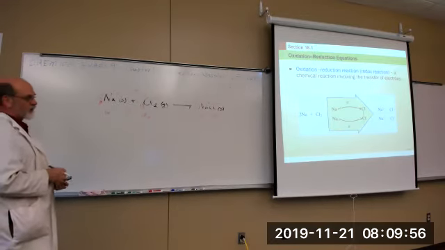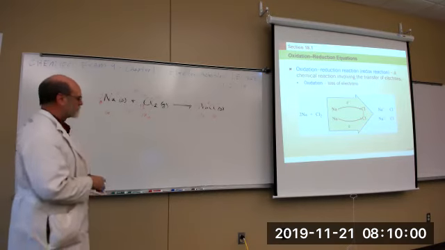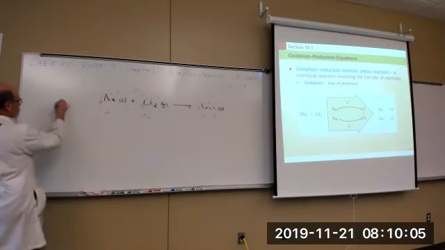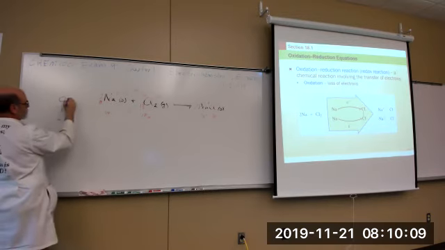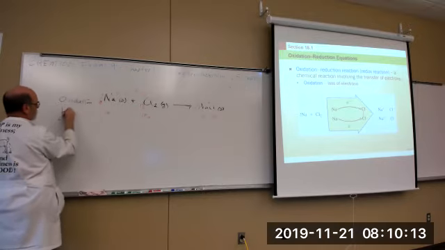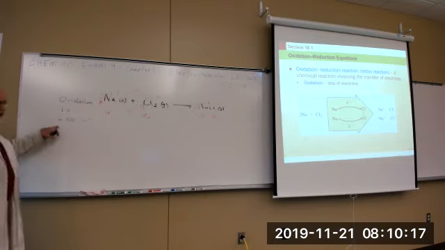Now, when we say oxidation reduction, we probably should define our terms. So oxidation is loss. Loss of electrons is an oxidation.